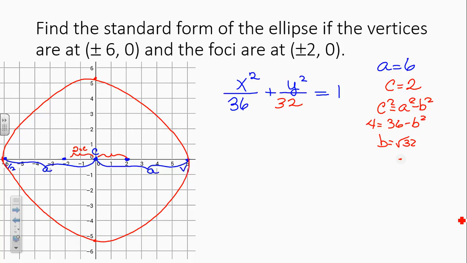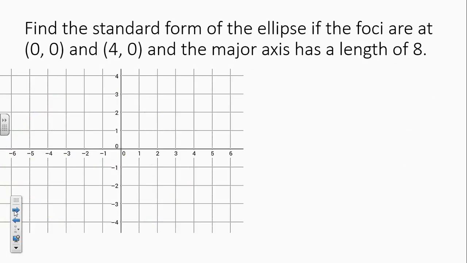Okay, next one. So now the second example on your sheet says to find the standard form of an ellipse if the foci are at 0, 0 and 4, 0, and the major axis has a length of 8. So start by sketching your foci.